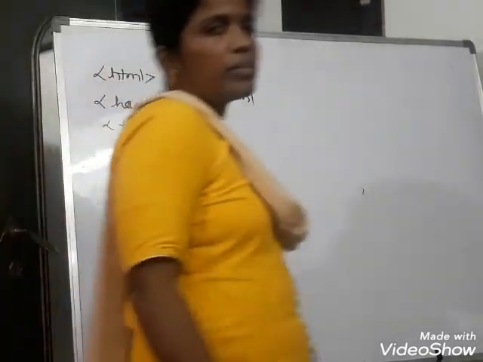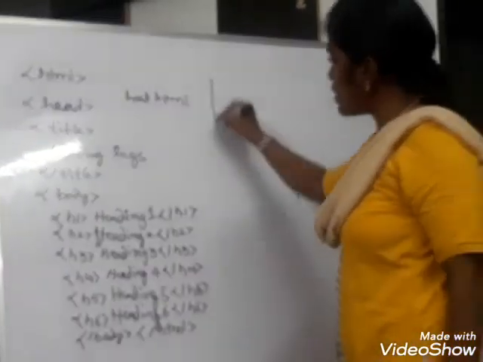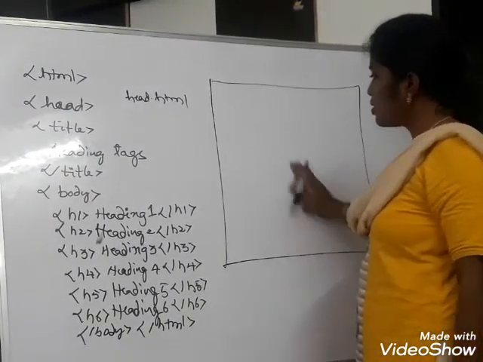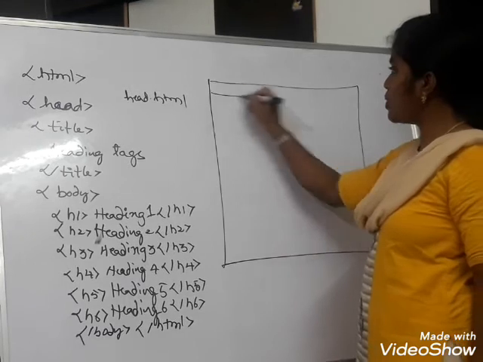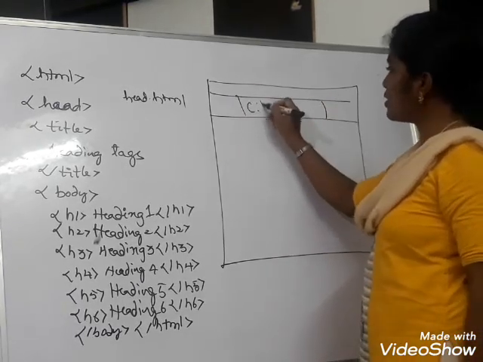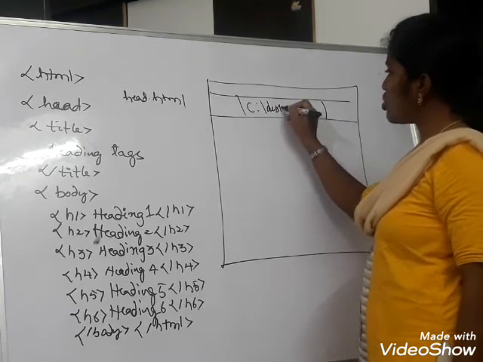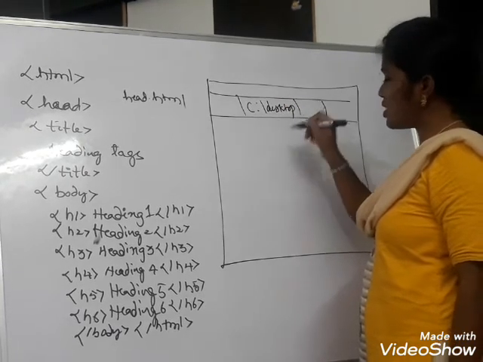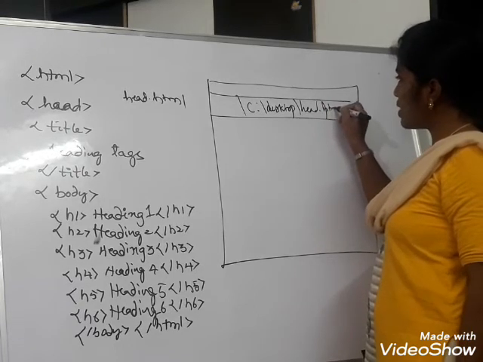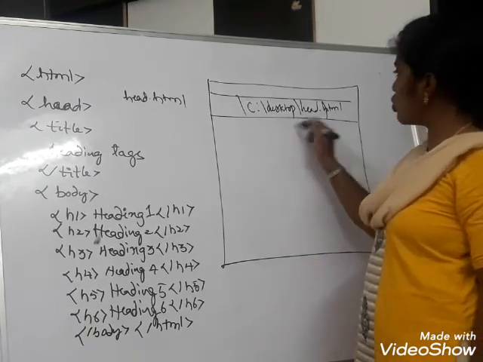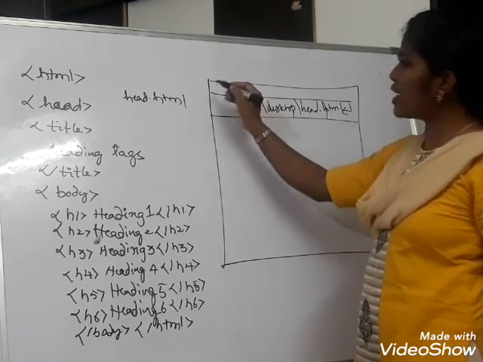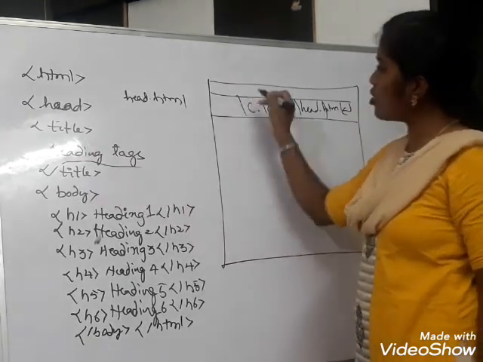So what will be your output? This will be your screen. You're going to give the address here, c:/desktop, if you would have saved it on the desktop, head.html. Whenever you click this, after entering the address, you will be having the title on this.